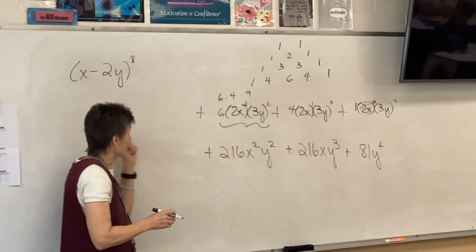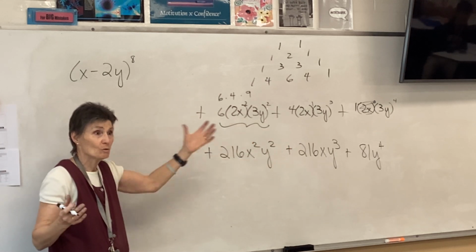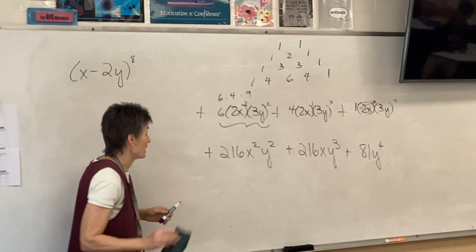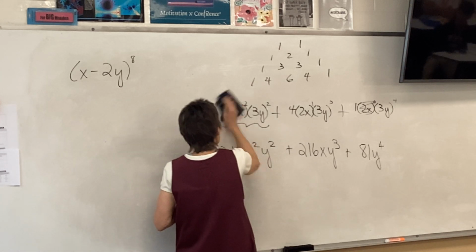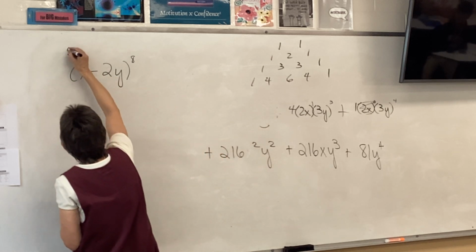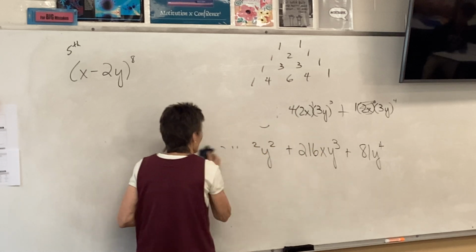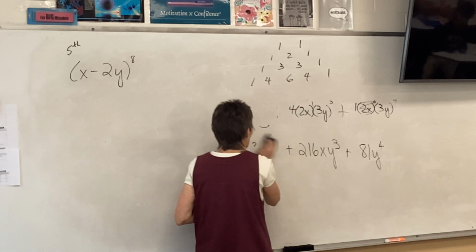So if you thought this one was big, that one's gonna be about twice as big. It's gonna be huge. Luckily, we don't need the whole thing. Luckily, we only need the 5th term. So like in this big long list, we only need the 5th term.